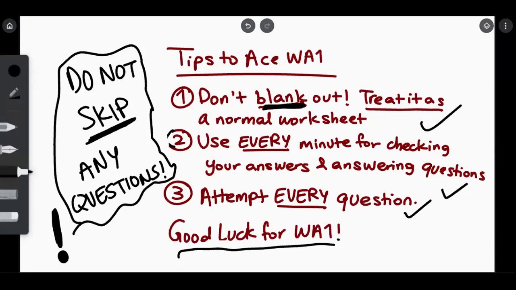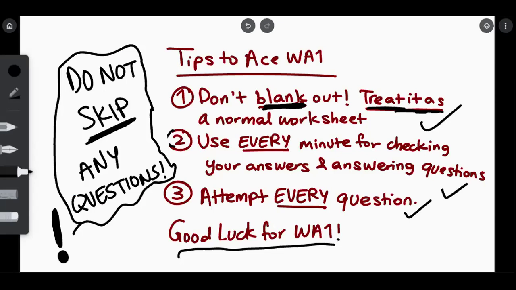I literally told them to don't blank out and to make sure you all treat it as a practice worksheet. Do math until you can ace it. Do math until you really can. Then you just do it lah.